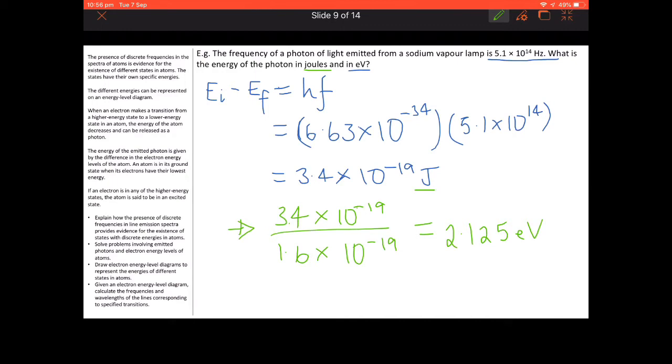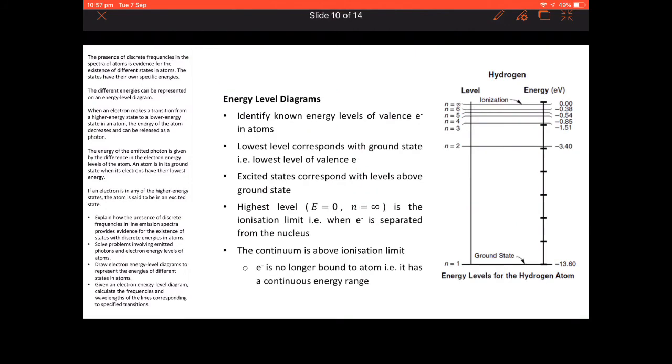So in electron volts, the answer is 2.125. In joules, the answer is 3.4 by 10 to the negative 19.